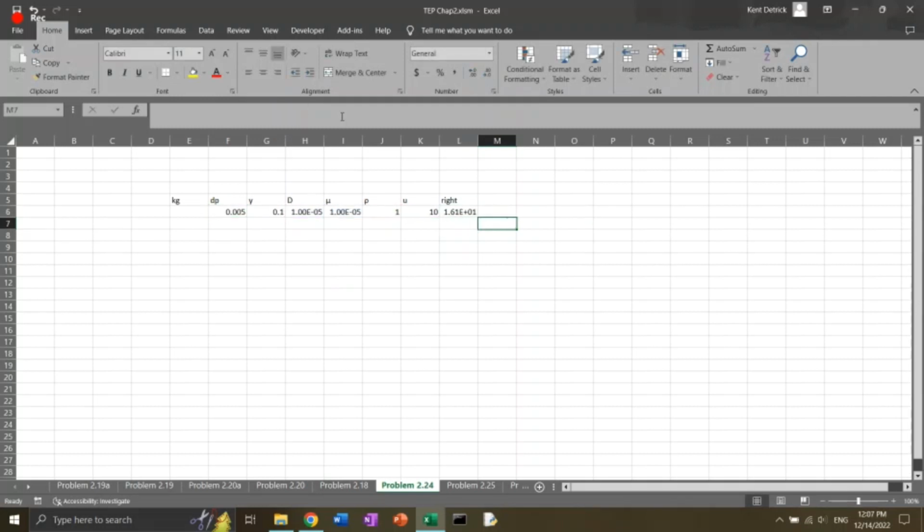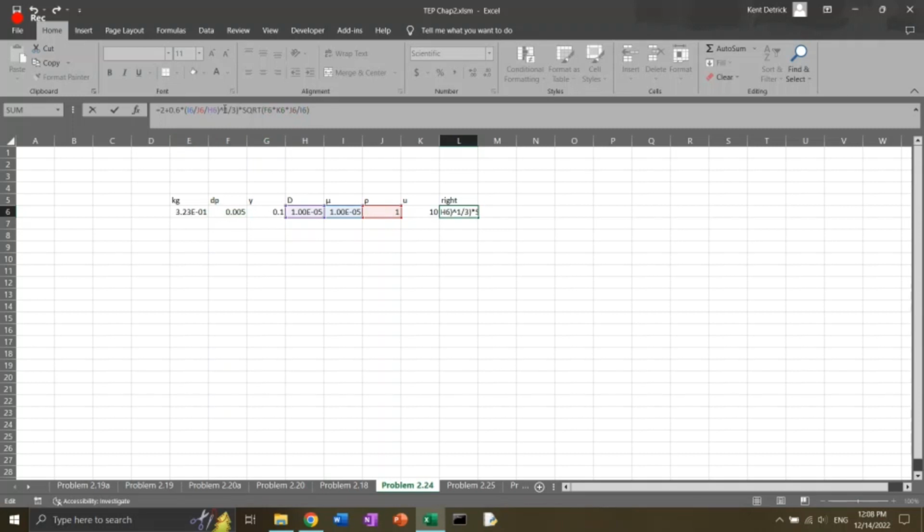Okay, so that's the right side of the equation. kg equals the right side of the equation times D divided by dp divided by y.